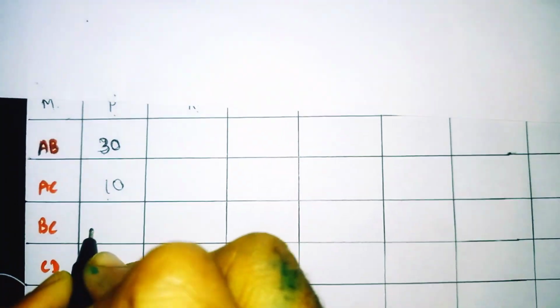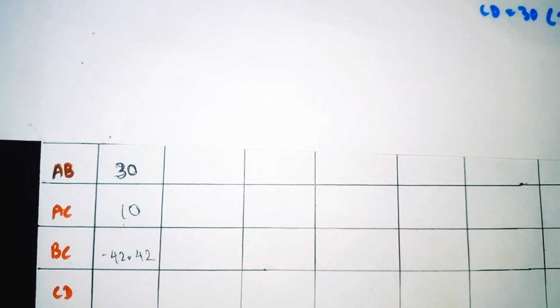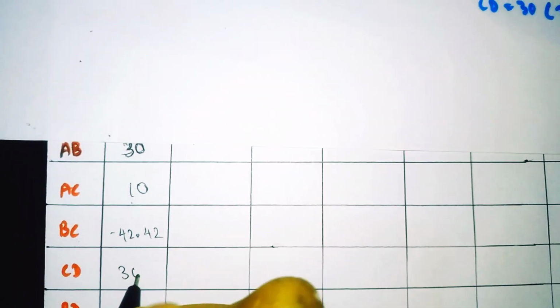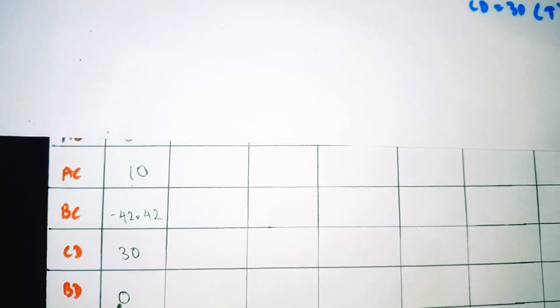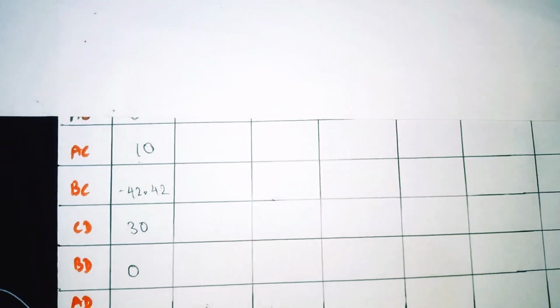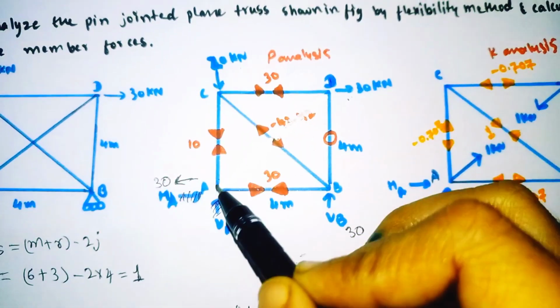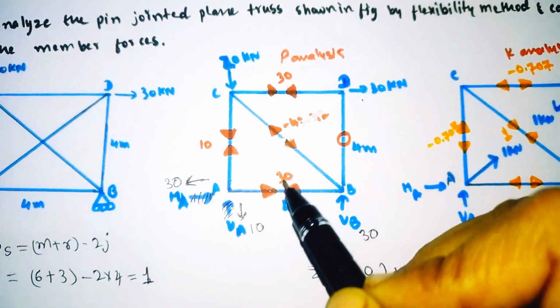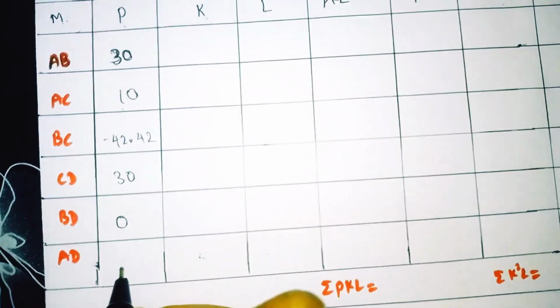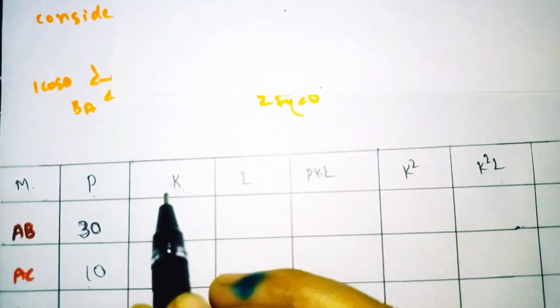BC we got was minus 42.42 and CD we got was 30, and for BD we got 0. For AD we have considered it as the redundant, so we don't have the P analysis value for AD. Keep it as 0. Similarly for K analysis, I will write all the values here.